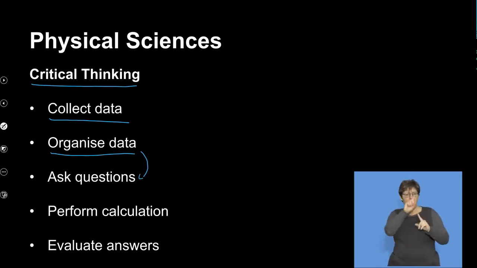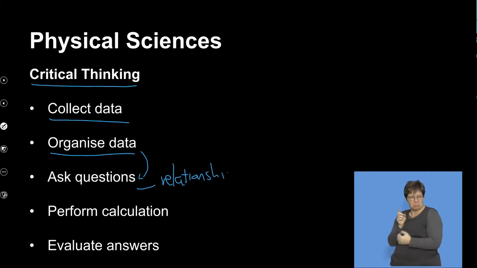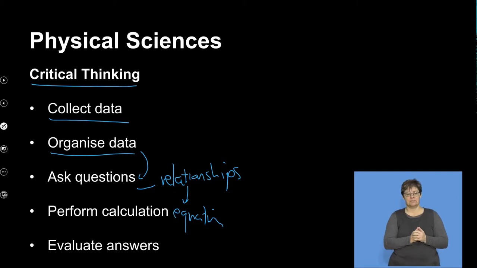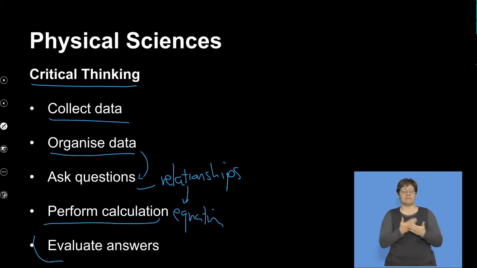And so in those questions, we try and form some ideas about what are the relationships that exist between variables or quantities. And out of that, relationships translate into formulas or equations. And we can then perform those calculations and evaluate our answers.